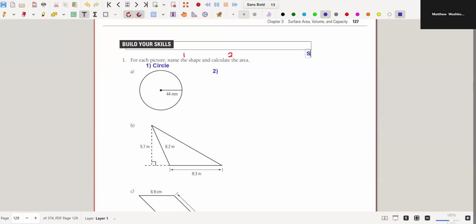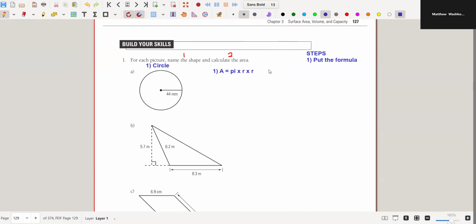Now there's steps for success. Your first step is to put the formula. What's the shape? What's the formula? In this case, it's a circle. The area equals pi times r times r, pi r squared.